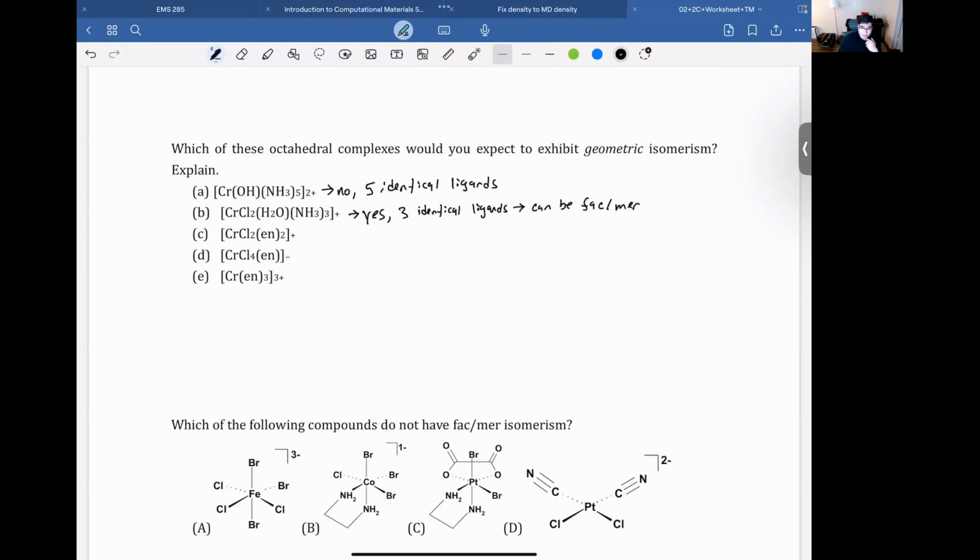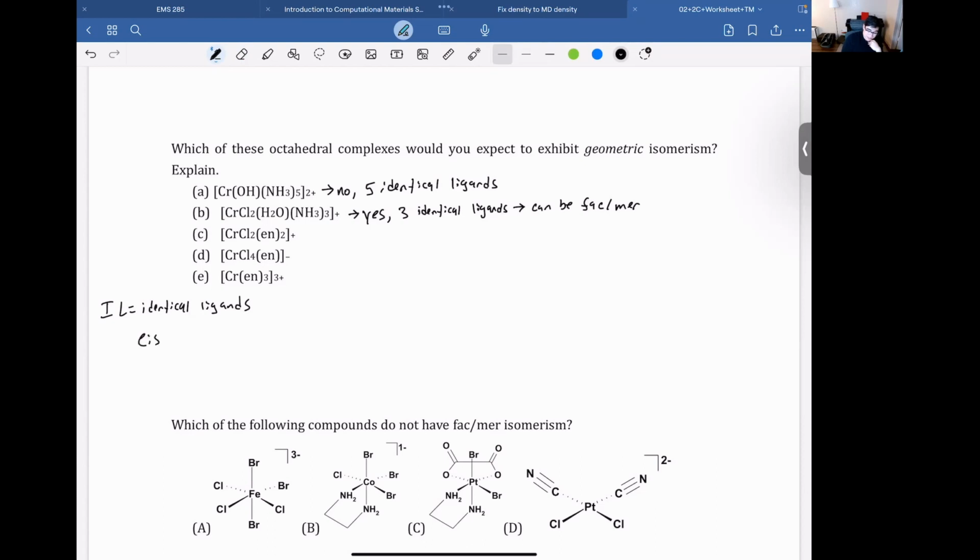I guess to just go over the terms very quickly, I'll go over cis and trans first. So cis is where 2 ligands, and I'm actually going to just write IL so I don't have to keep writing this.